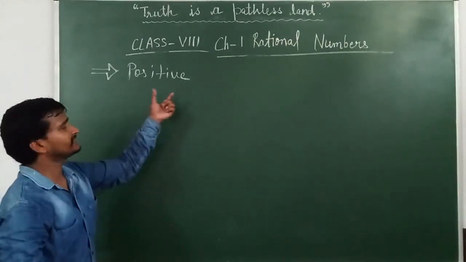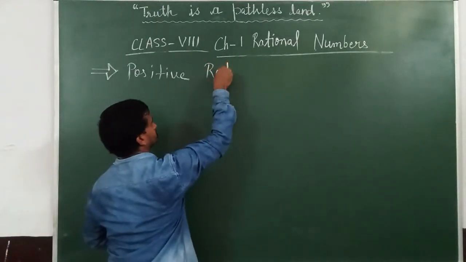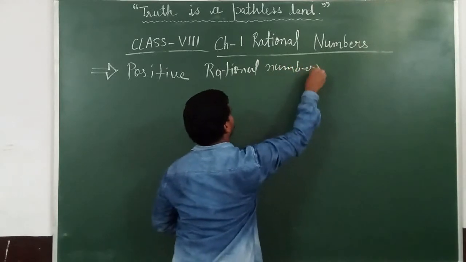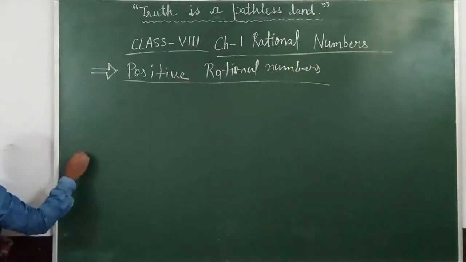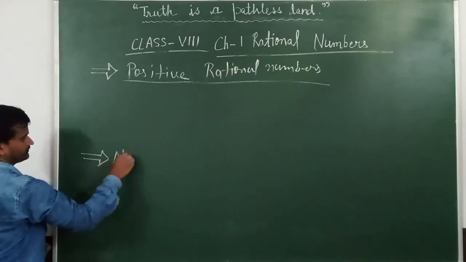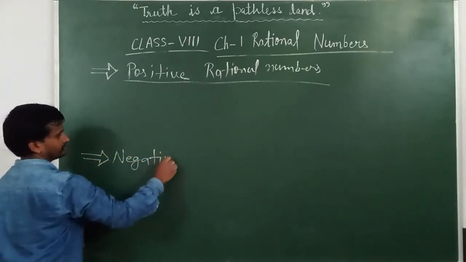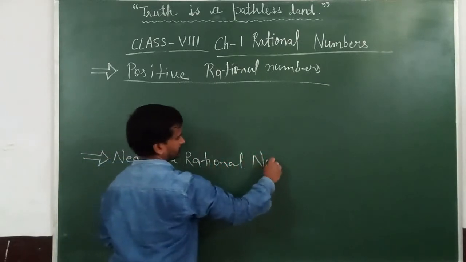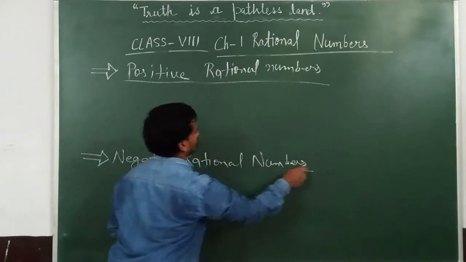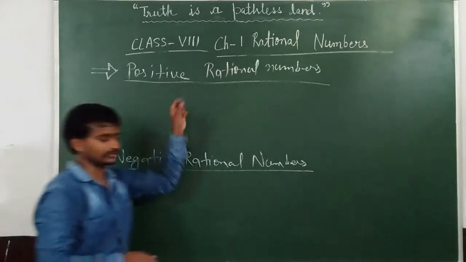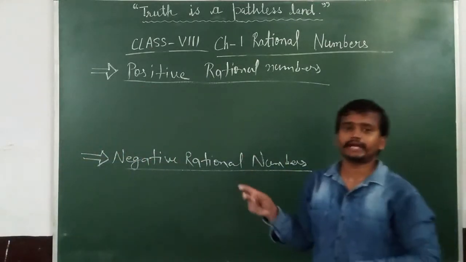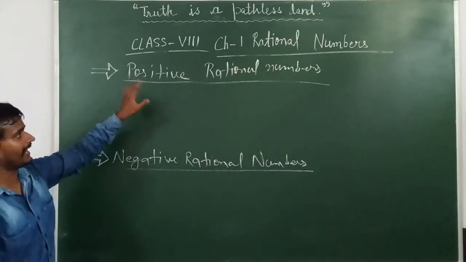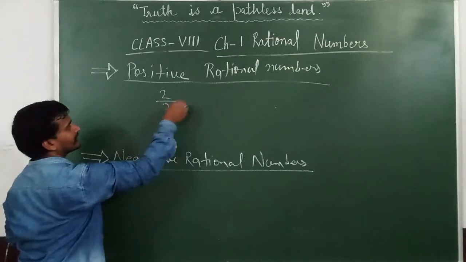Next is positive rational numbers and negative rational numbers. First one is a positive rational number, if the numerator and denominator both are of the same sign.